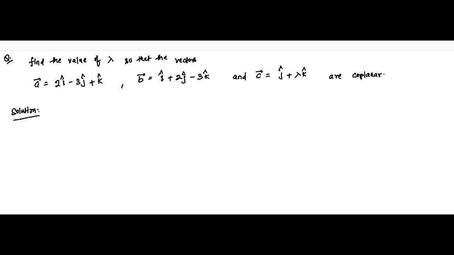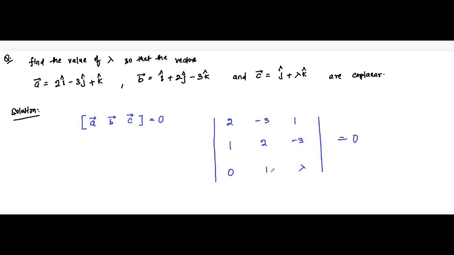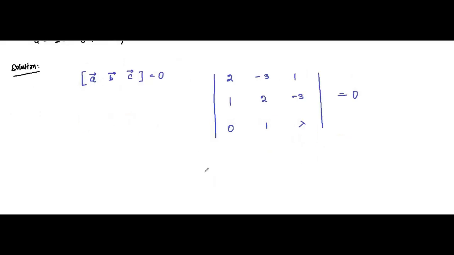Again, the basic definition of coplanar vectors: the scalar triple product of a vector, b vector, c vector should be equal to 0. In determinant form, it is 2 minus 3 1, the x, y and z components of a, then 1 2 minus 3, then 0 1 and lambda. This should be equal to 0.